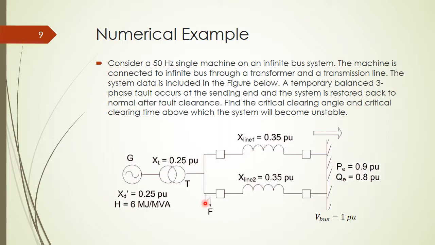Now we have a symmetrical fault occurring here in the middle after the transformer. After the fault, the system will be restored to normal using circuit breaker operation. Our job is to find out the critical clearing angle and critical clearing time so that the system will remain stable.